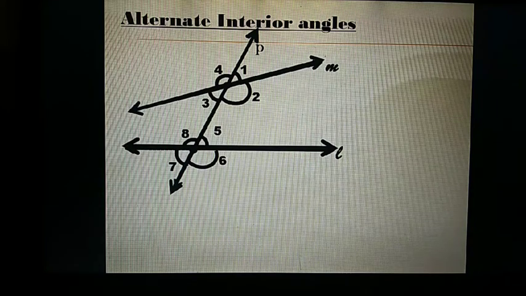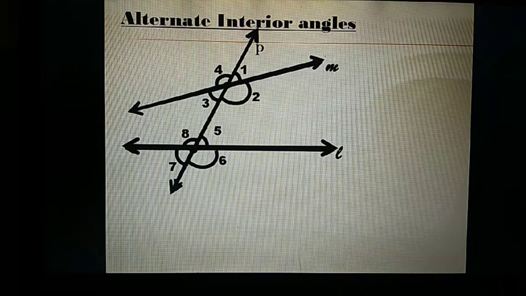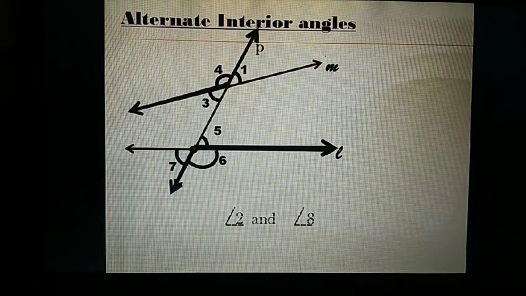Here 2 and 5 are on the same side of the transversal, both are on the right side. 3 and 8 are on the left side. 2, 3 are on the same line. But 2 and 8 are on the opposite sides of the transversal and are on different lines. So 2 and 8 are alternate interior angles.